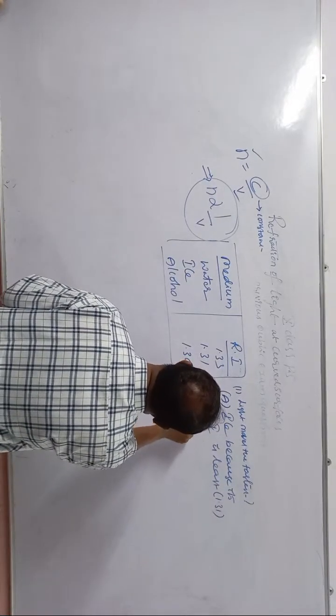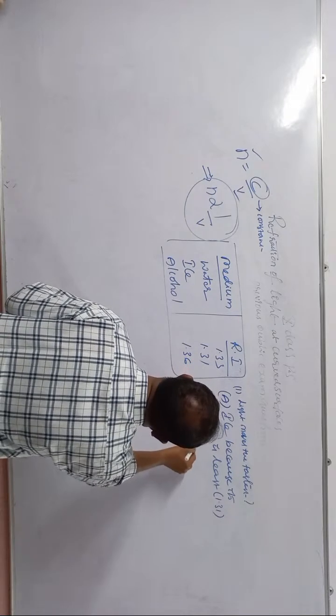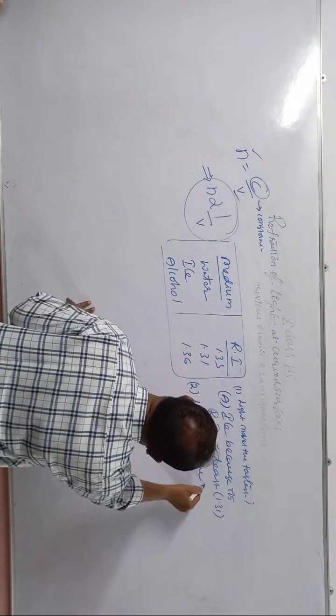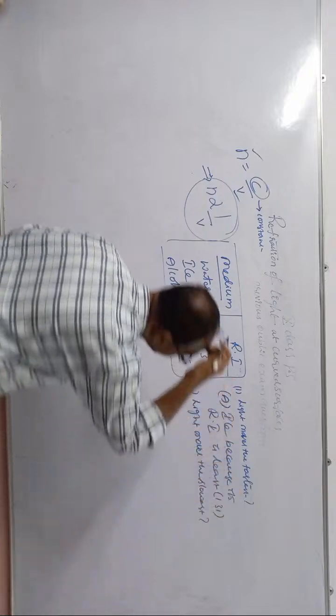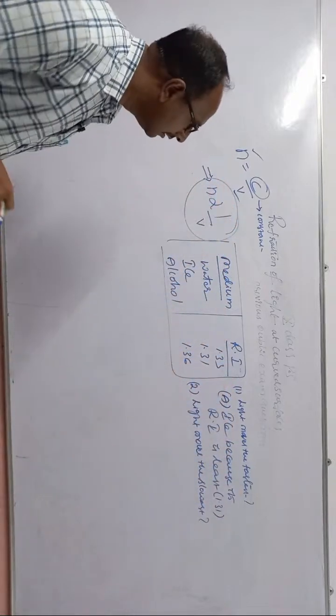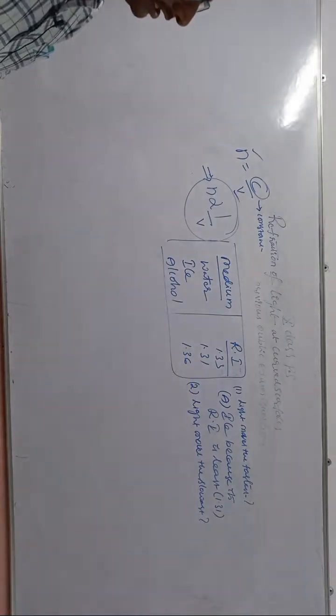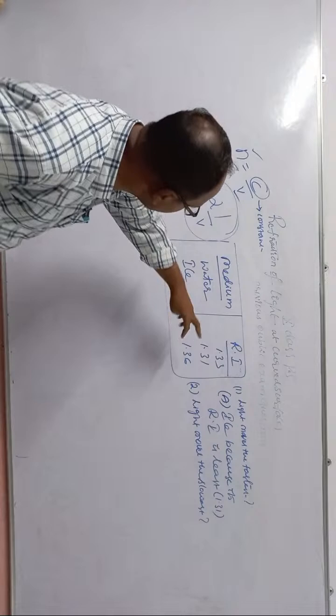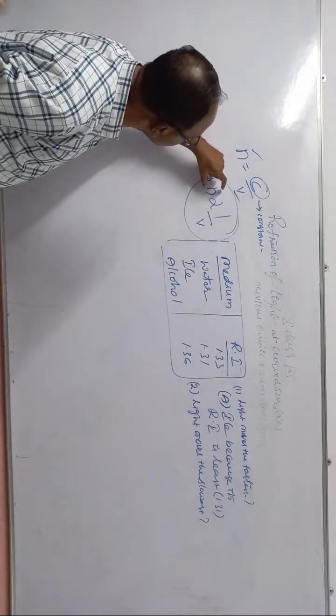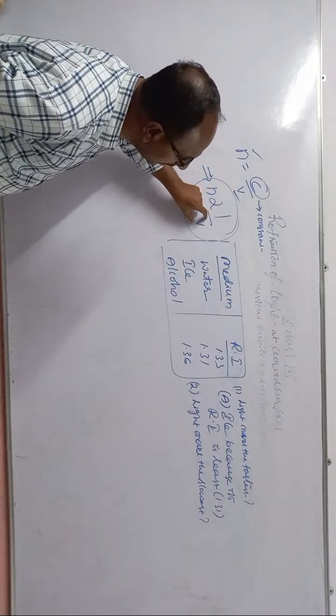Next, in which medium does light move the slowest from the above table? Comparing, you know when n is higher, v will be lower.